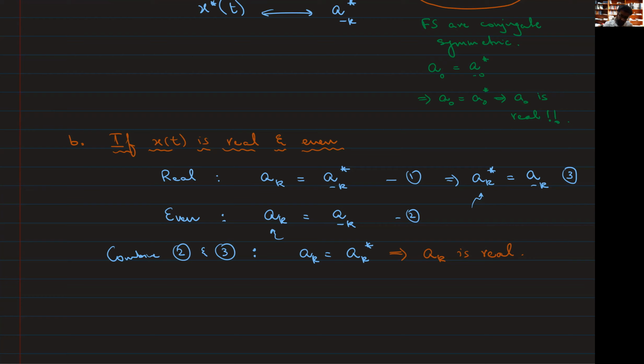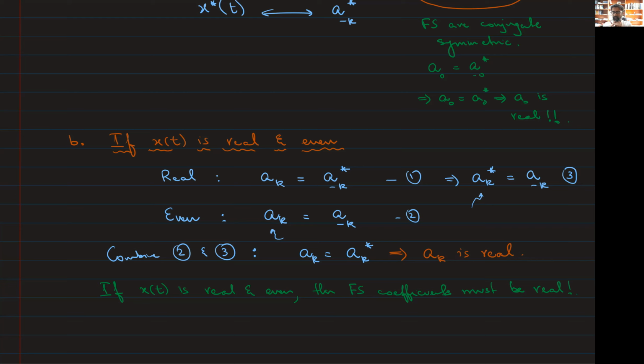The conclusion is if x of t is real and even, the Fourier series coefficients must be real. All the Fourier series coefficients must be real. Is that okay, Talha? So this is the conclusion we make.